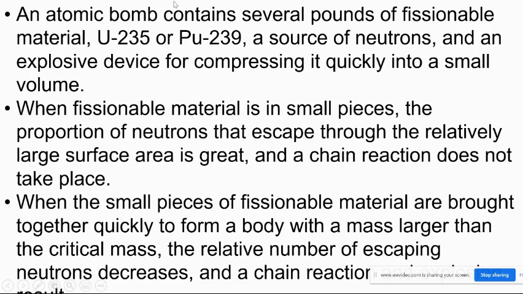An atomic bomb then is going to contain several pounds of either uranium or plutonium, a source of neutrons, and an explosive device to get all of this stuff shoved together well enough to be able to find the neutrons to find something to hit.